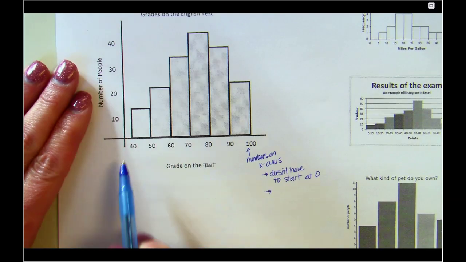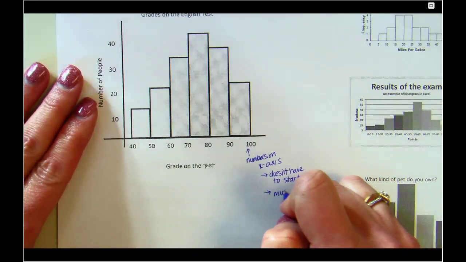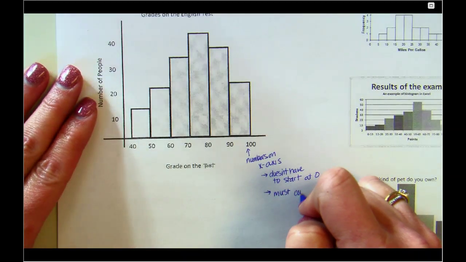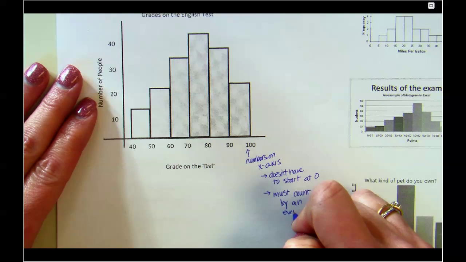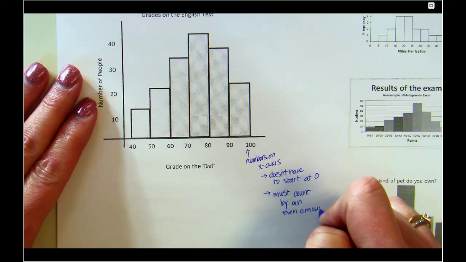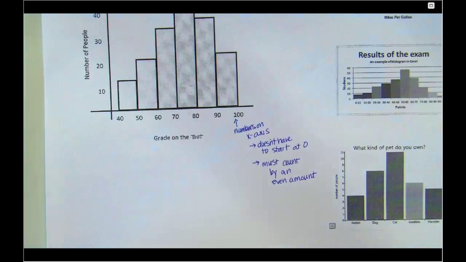Notice our one down here counts by tens. It has to count by a constant amount.